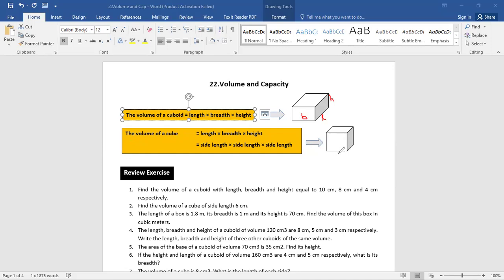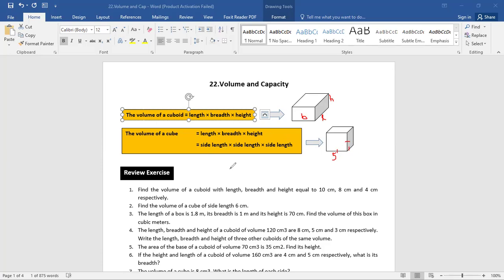If I say the side length of the cube is 5 centimeters, this side is equal to this side. All the lengths, all the breadths, all the heights are equal. So you have to multiply a side length, a side length, a side length.